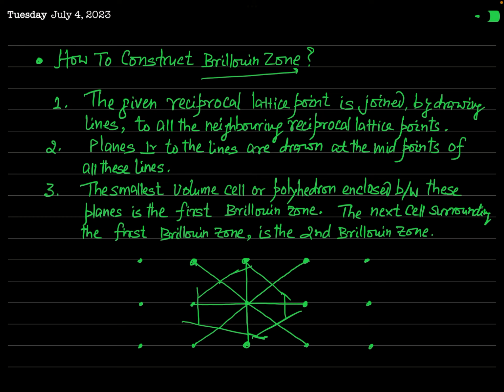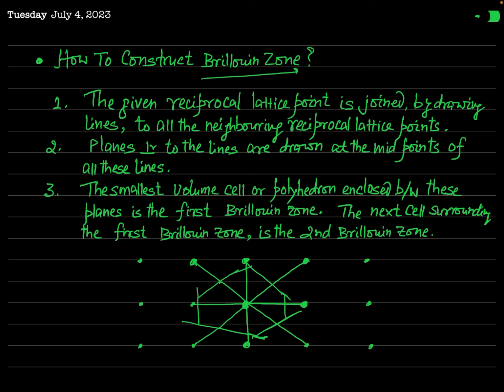And now consider one of the reciprocal lattice points. Let us say this is a reciprocal lattice point. Now you have to seek, you have to choose all other reciprocal lattice points which are closest to this point which I have selected. So see, let us say that this is a reciprocal lattice point which is closest to this point. So join these 2 points. Similarly, this is another lattice point, I am marking it here.